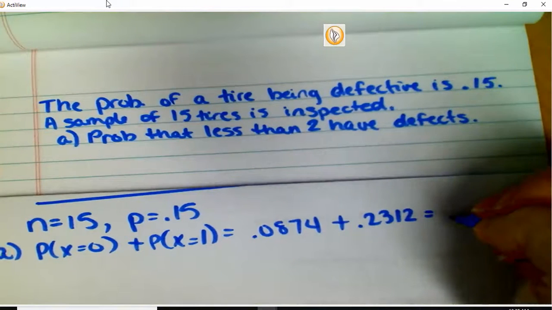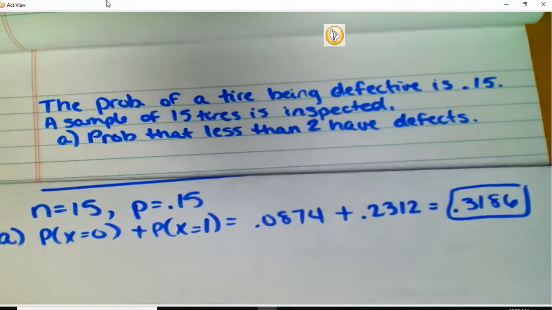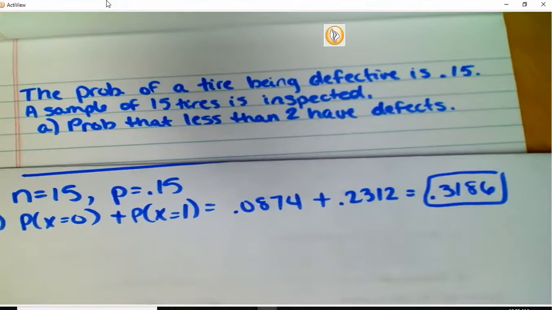So there is a 0.3186. So 31.86% chance that less than 2 of them will be defective.